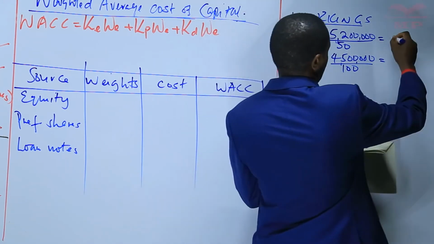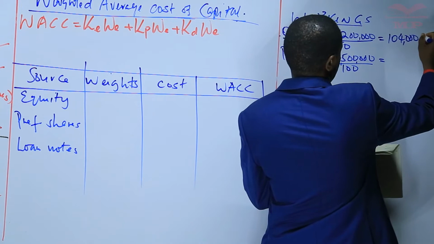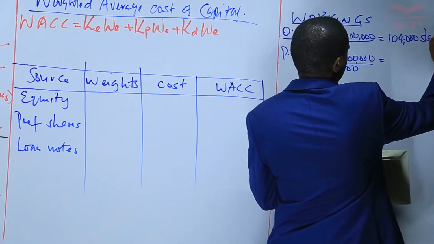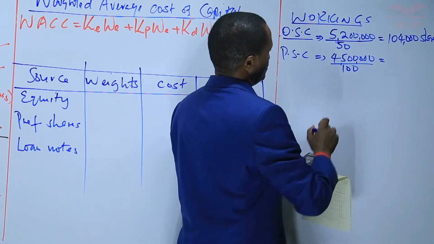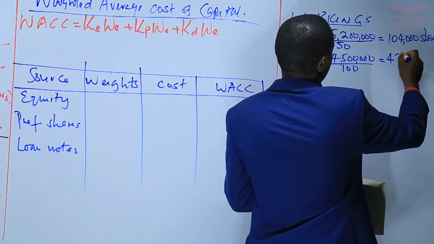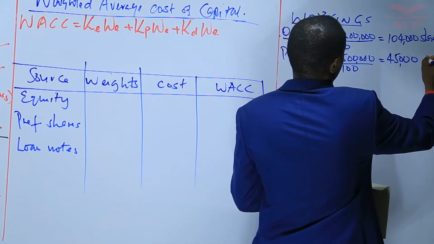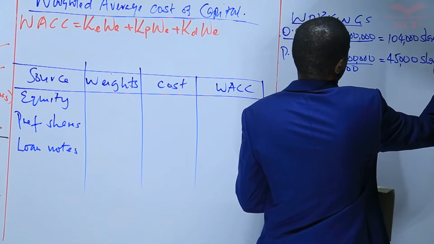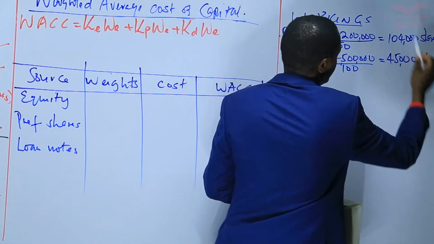These are 104,000 shares. Then 4.5 million divided by 100 will be equal to 45,000 preference shares. These are the number of shares.